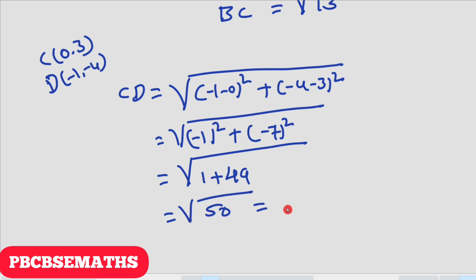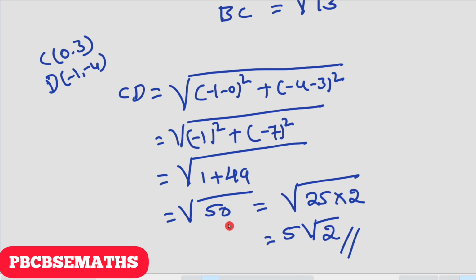We can write this square root of 50 as square root of 25 into 2, which gives us 5 root 2. So this is the value of CD.